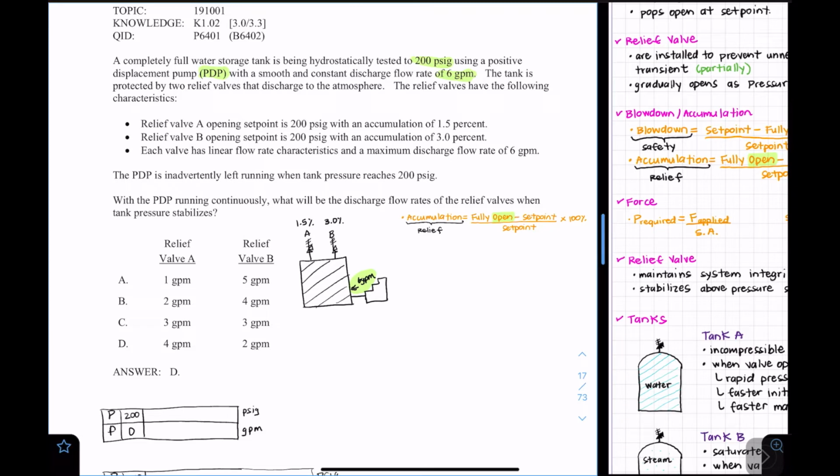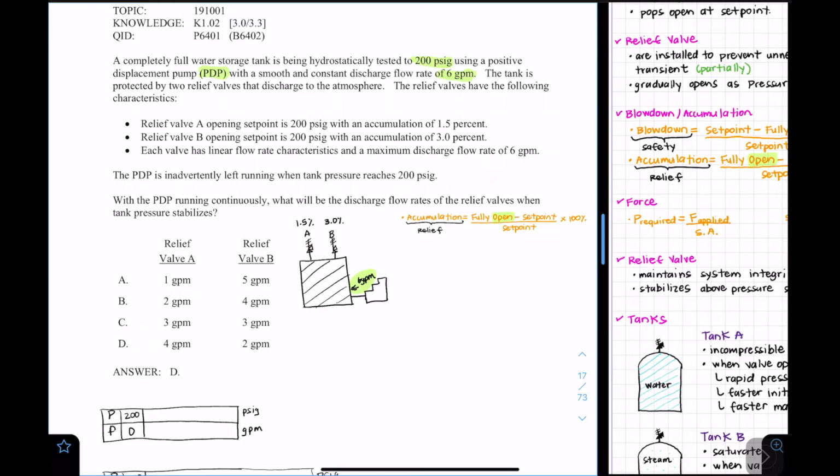For relief valve A, the opening set point is going to be 200 psig with an accumulation of 1.5%. And valve B is going to have an accumulation of 3%. So they have different accumulation. What does that mean?